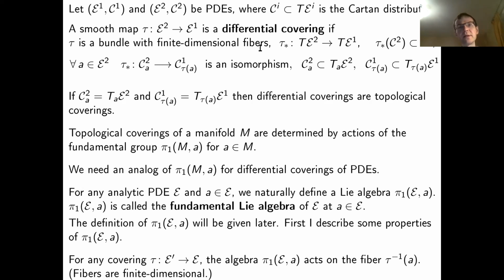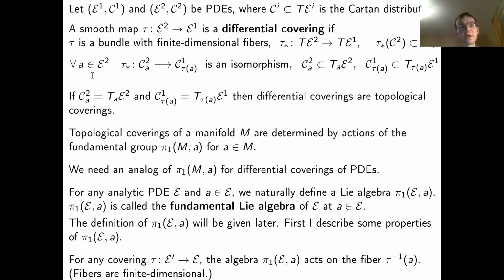So tau is a bundle. Tau star is the differential of this bundle. So it is a map from the tangent bundle of E2 to the tangent bundle of E1. It must preserve the Cartan distribution.